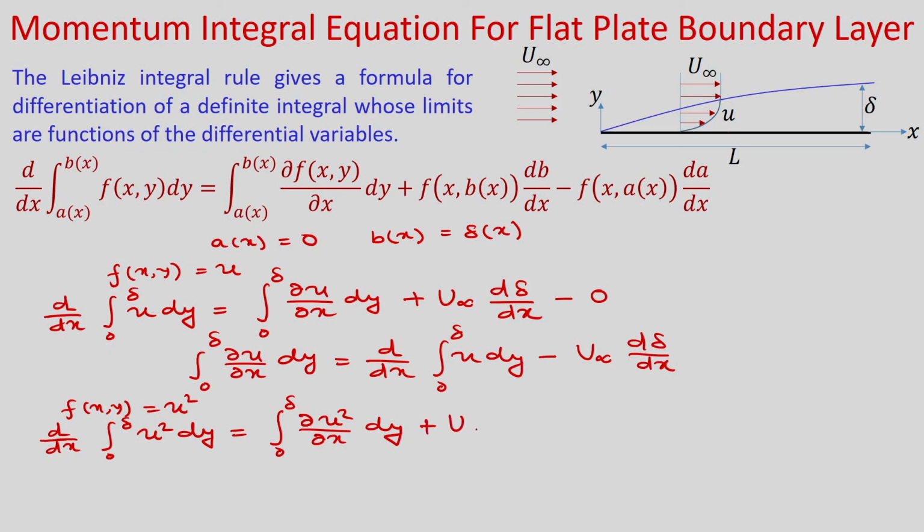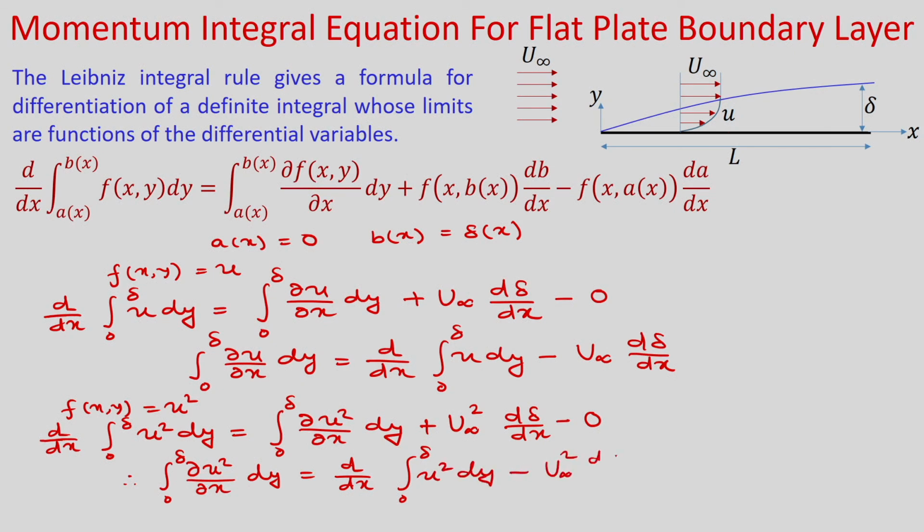So, it will be plus u infinity square d delta/dx minus, obviously at y equal to 0 velocity is 0, so it will be minus 0. So, we can write now the integral from 0 to delta of ∂u²/∂x dy is equal to d/dx of the integral from 0 to delta of u square dy minus u infinity square d delta/dx.